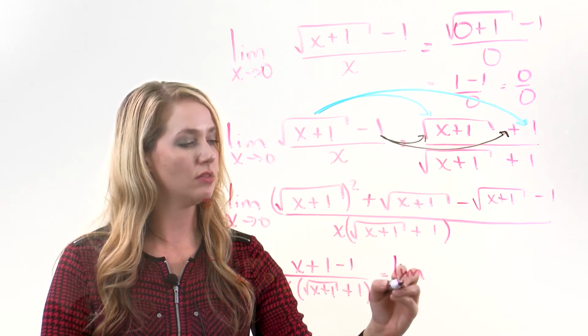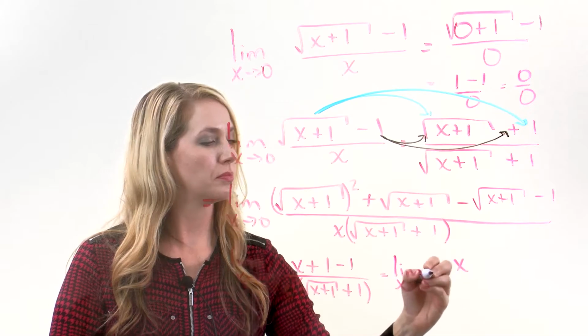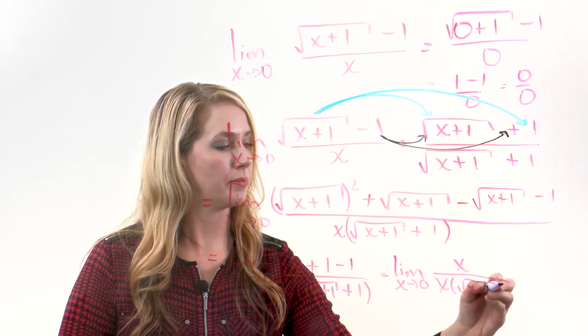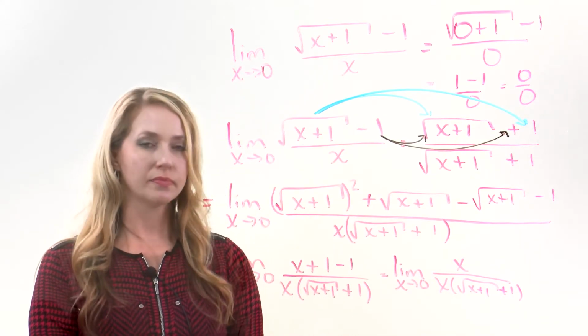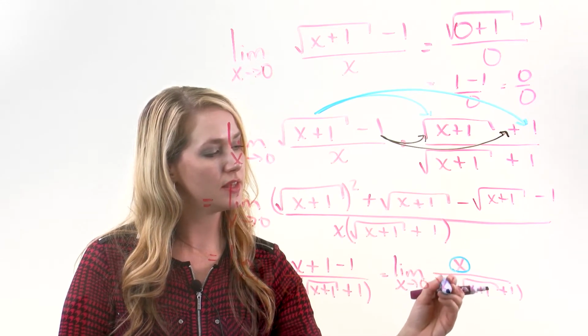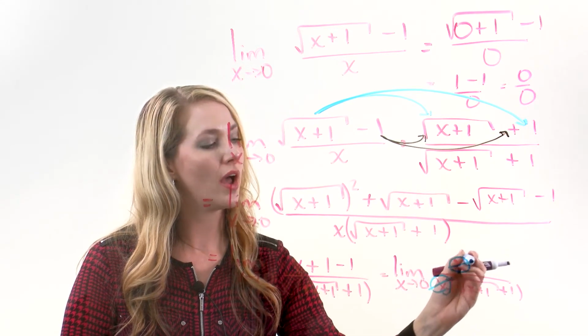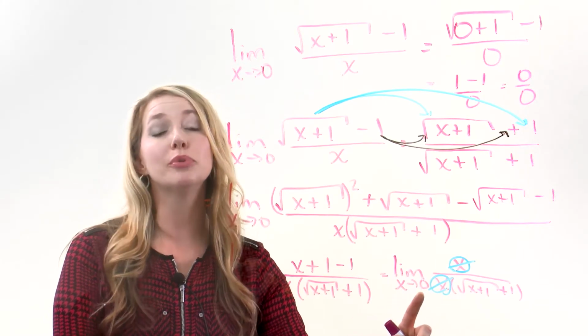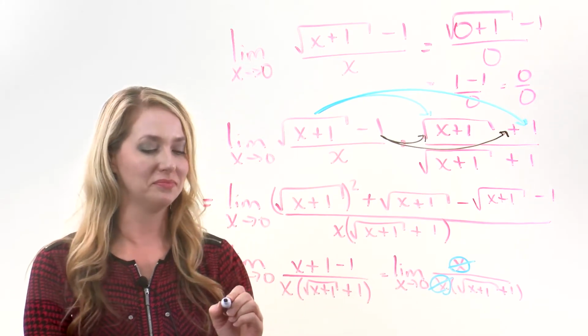They add to 0. And I can go one step further and say that this x and this x divide to be 1 as long as x is non-zero. X is non-zero because x is approaching 0 and never quite makes it there.